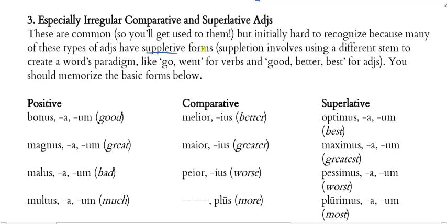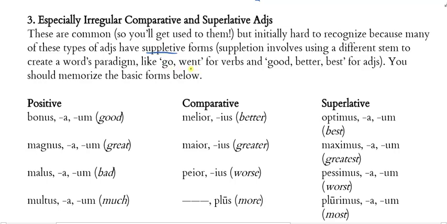Now, you may not remember us using that word before in the past, but the concept of suppletion is that a lexical item, a word, uses a different stem. It borrows a completely different stem to create part of its paradigm. So in English, we have suppletion in a verb like to go, where the past is went, right?